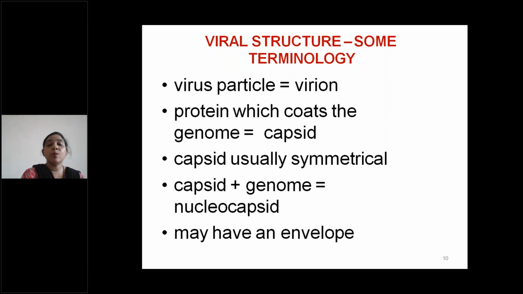It is the protein which encloses the genome, the genetic material. A protein which encloses the genetic material is called the capsid, and capsids are usually symmetrical. The capsid together with the genetic material is called the nucleocapsid.